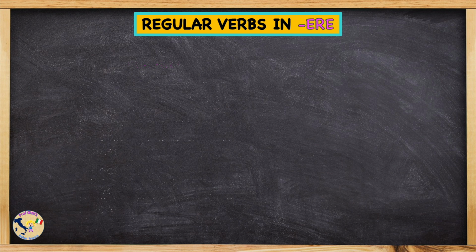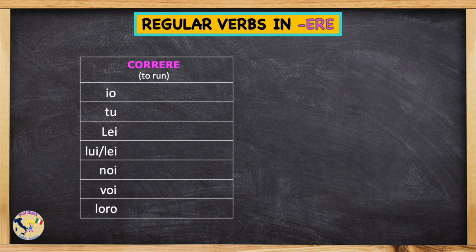We start with the verb correre, to run. As we have done for the first group of verbs ending in ARE, to conjugate verbs in ERE, we first get the verb stem by removing the infinitive ERE ending. In the case of correre, the verb stem is cor. Now, to get the conjugated forms, we add the endings for the present indicative.